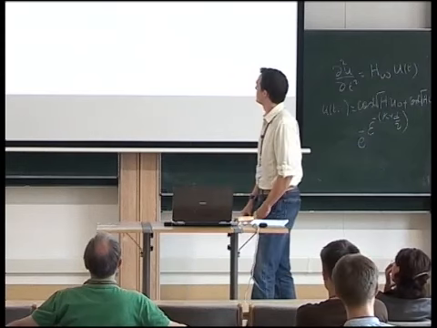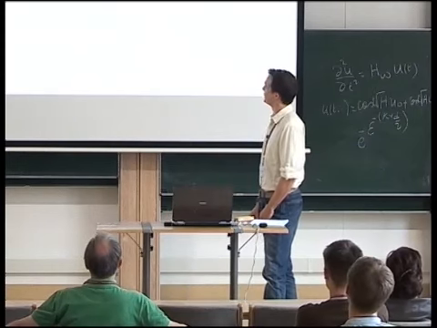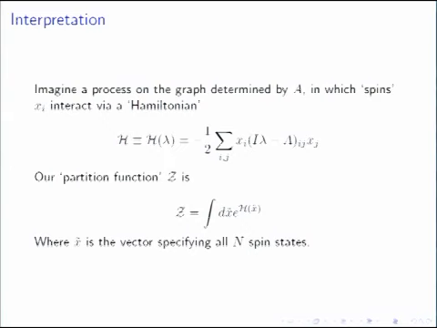And so we can interpret this in terms of a graph determined by A. A graph has an adjacency matrix, and in turn, with any random matrix, we can associate with it a graph simply by drawing, if it's an n by n matrix, n points. And whenever there is a non-zero entry a_ij, we draw a line between those two points and we weight it with the value of that matrix element.